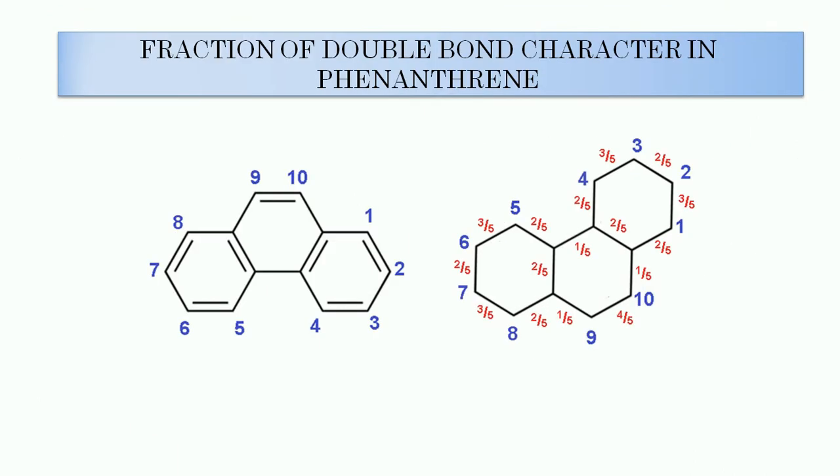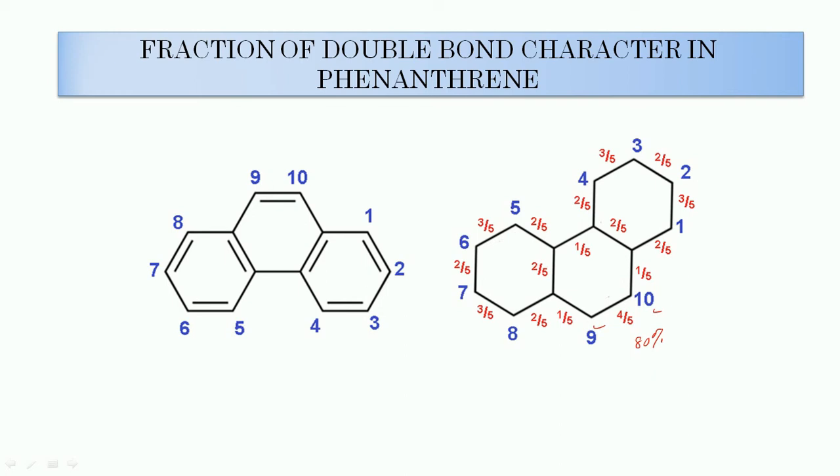Then next is the fraction of double bond character in phenanthrene. In phenanthrene, the bond between carbon number 9 and carbon number 10 has a maximum double bond character of about 4/5, which means about 80%.